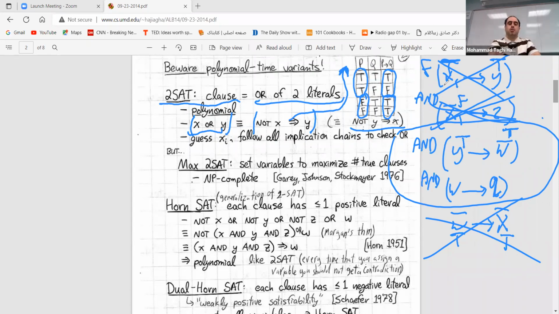Okay, so this problem, as I mentioned, two-sat is solvable. However, another problem called max two-sat is actually NP-hard. What is the problem? You want to set the variables to maximize the number of true clauses.